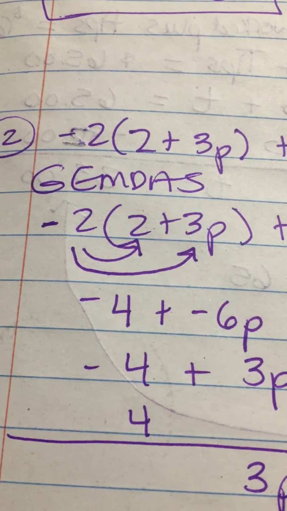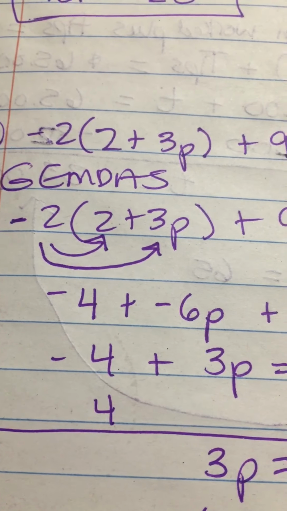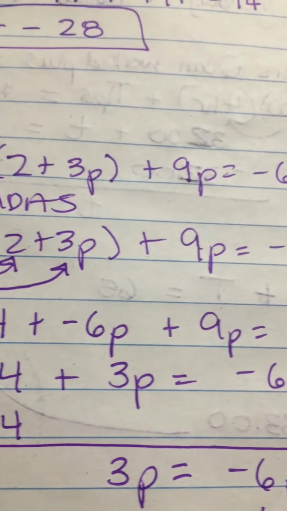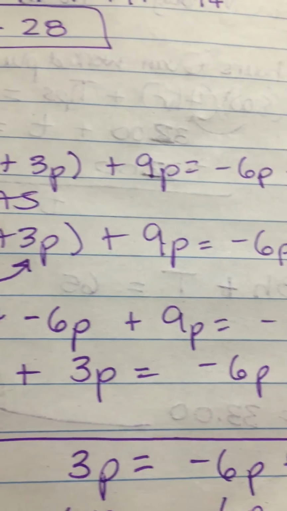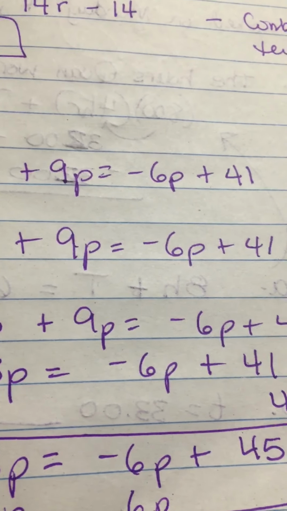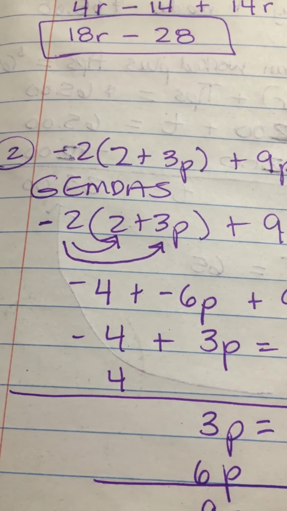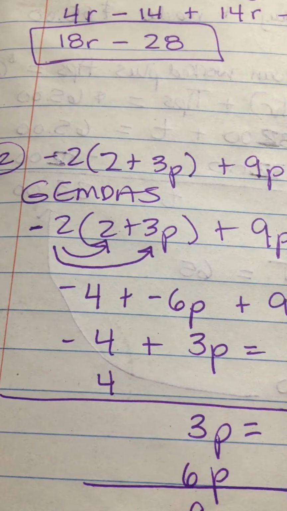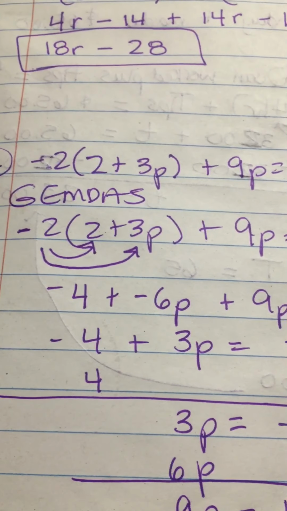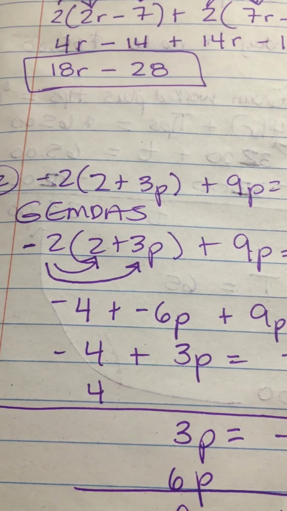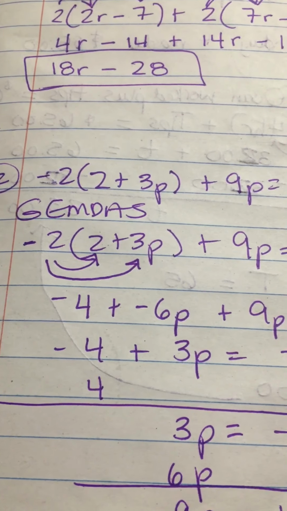So I have negative 2 times (2 plus 3p) plus 9p is equal to negative 6p plus 41.